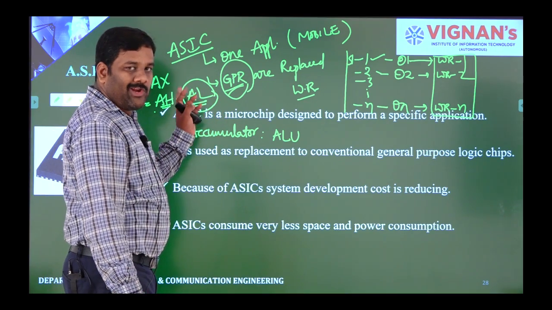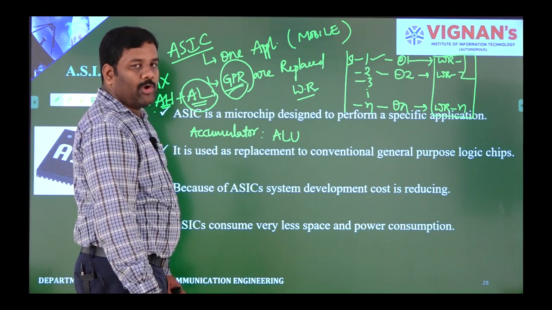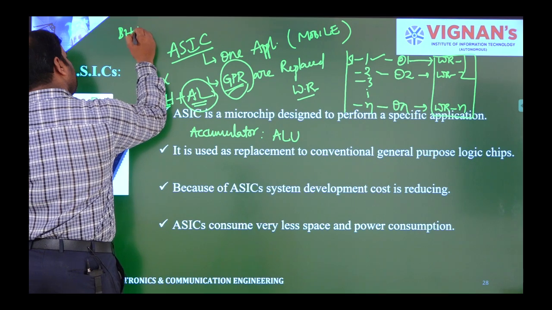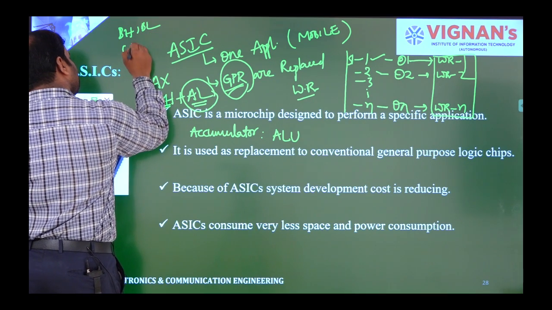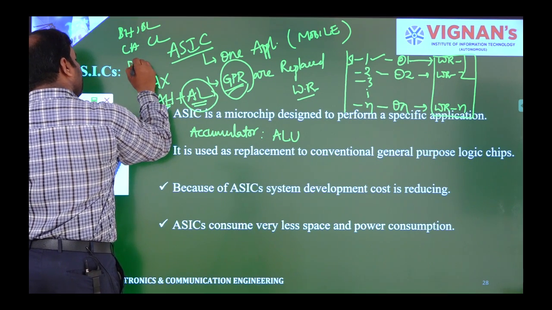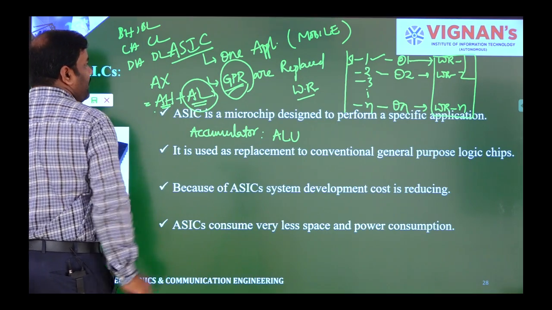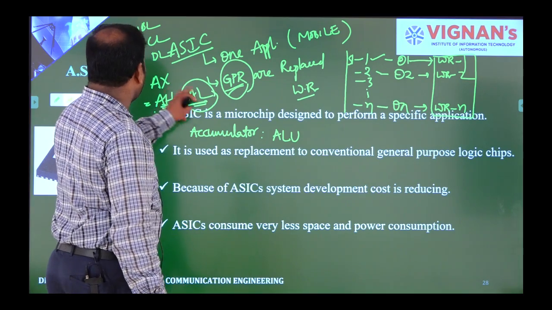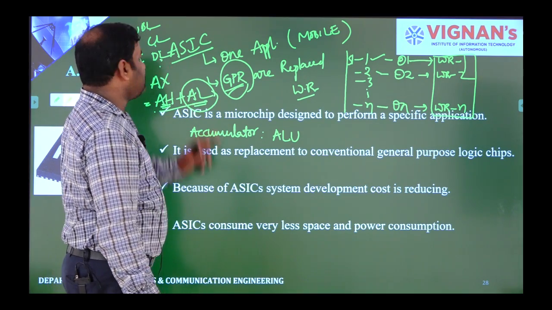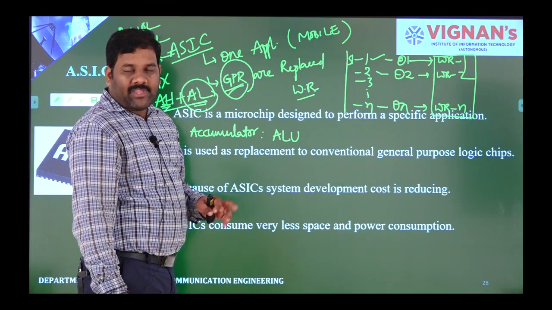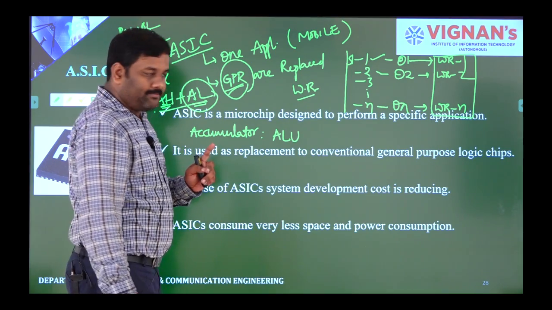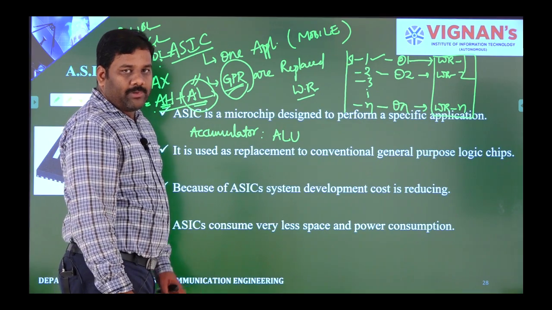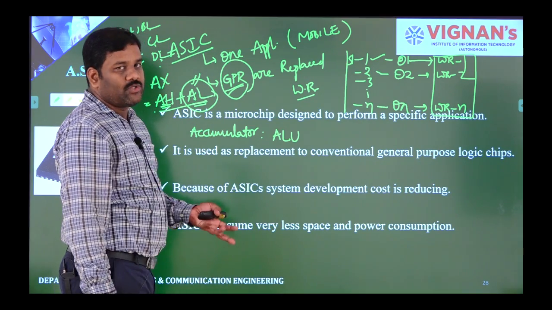Only AL can perform the ALU operations. So what about the remaining ones? BH, BL, CH, CL, DH and DL. And you already have AH and AL. That means 1, 2, 3, 4, 5, 6, 7, 8. You have 8 registers. Among the 8 registers, only AL can perform the ALU operations. The rest of the 7 are only for storage purposes.